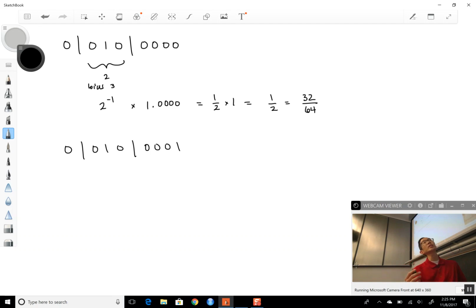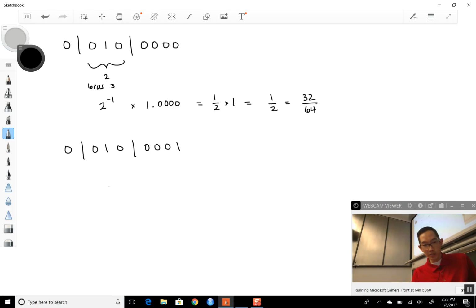It will be, the next increment is no longer in 64ths. This whole time we've been counting by 64ths, but now that we've gotten to this point, we lose the ability to count by 64ths. So now we're going to be counting by 32nds, okay? Because of our finite number of bits.